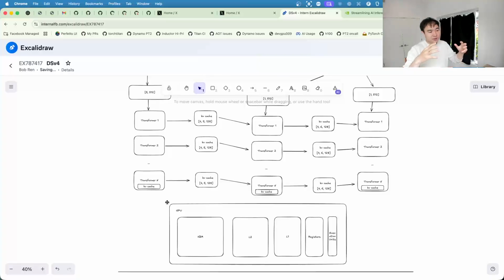So when you do something like a matrix multiplication between a weight and, let's say, your intermediate hidden dimension tensors, you're going to take the weights from HBM, move them to your execution units, do your matmul, and then when you hit the next matmul, you're going to do the same thing over and over again. If you have really big intermediate tensors, this is fine because your latency is going to be dominated by the actual compute and not the moving of the weights from HBM to your execution units.